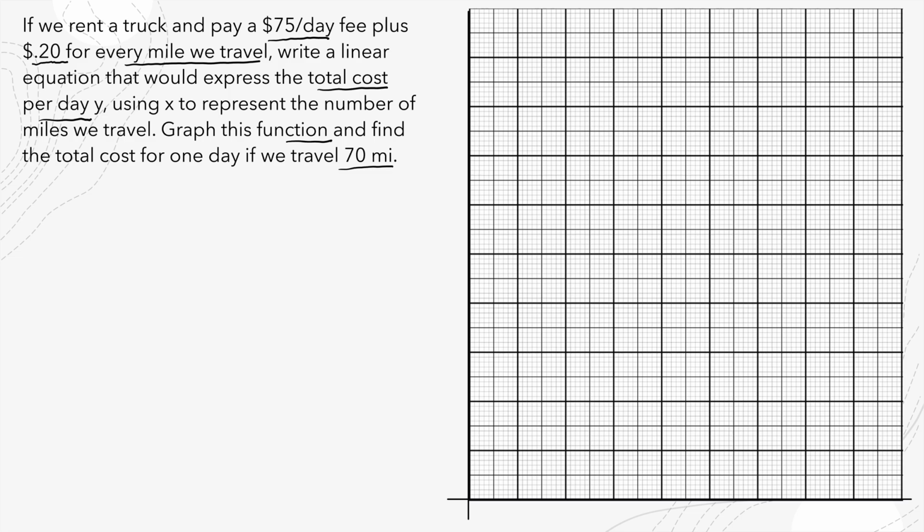Now, once we have read that and highlighted the key terms given to us, let's write them down. So we have the total cost, that is y, and this total cost consists of two costs. One is a fixed cost irrespective of the miles I travel, that is charged per day.